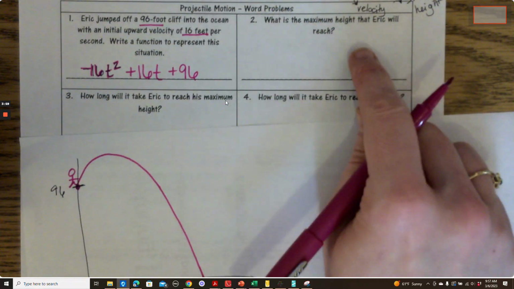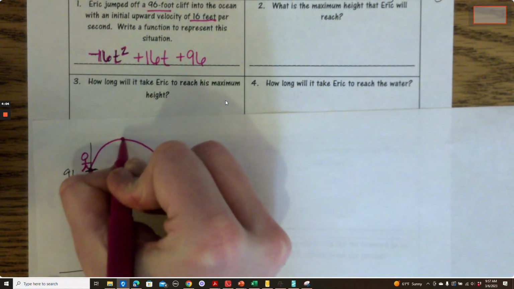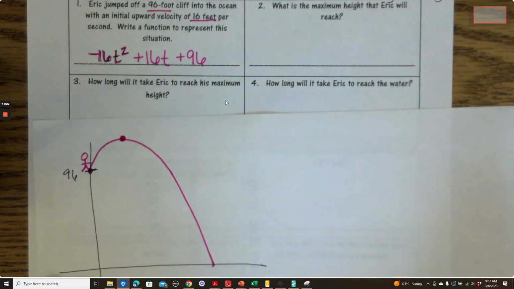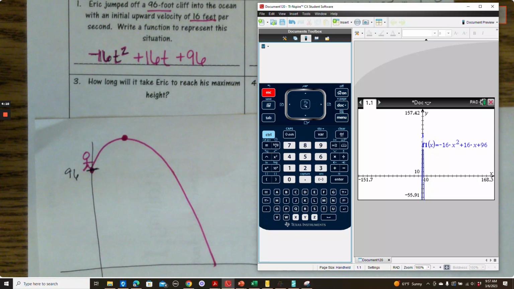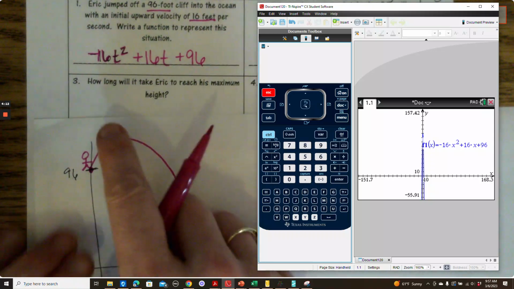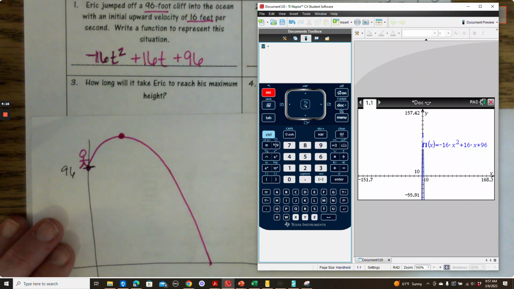Number 2 says, what's the maximum height that Eric will reach? The maximum height is the vertex. In the calculator where we type this in, we can find the vertex. Is the vertex here a minimum or a maximum? Maximum.